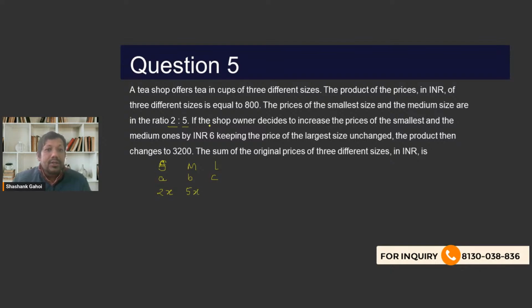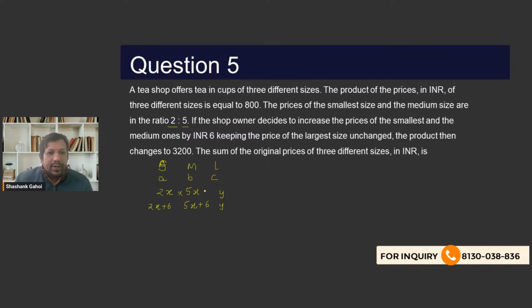And if the shop owner decides to increase the price of the smallest and the medium ones by 6 rupees, it is going to become 2x plus 6 and 5x plus 6, while keeping the price of the largest one unchanged. Let's take it as y.